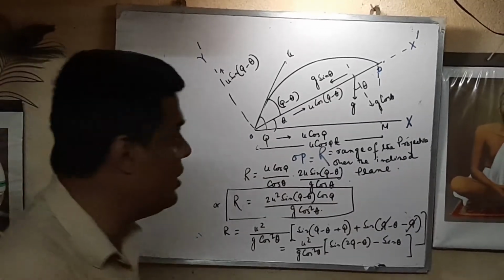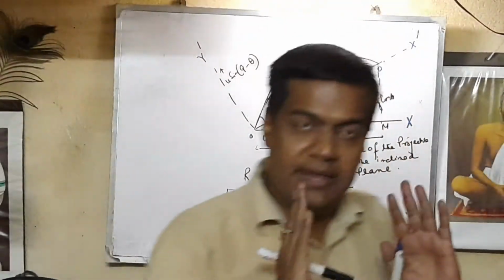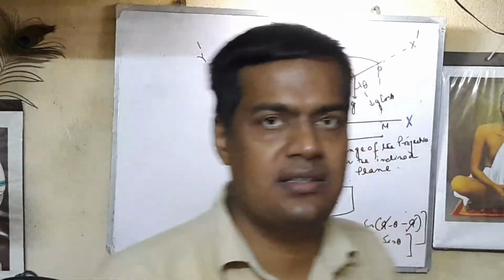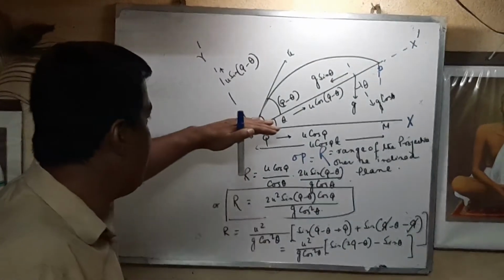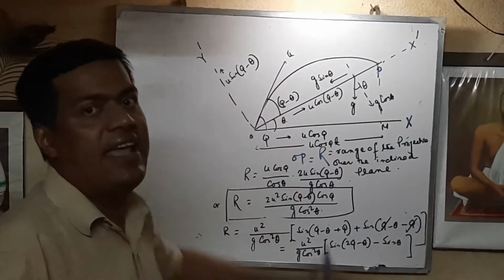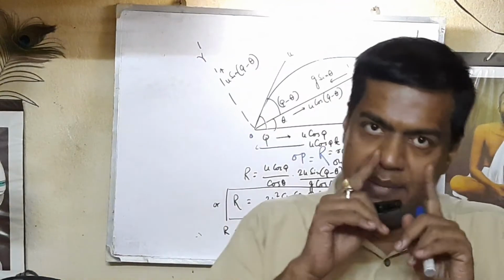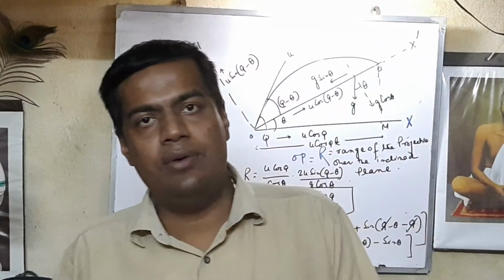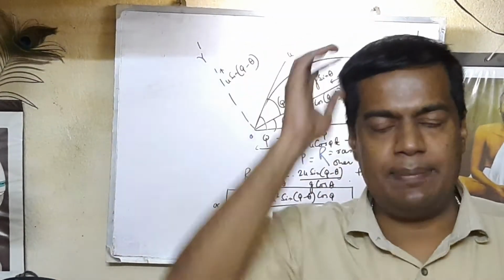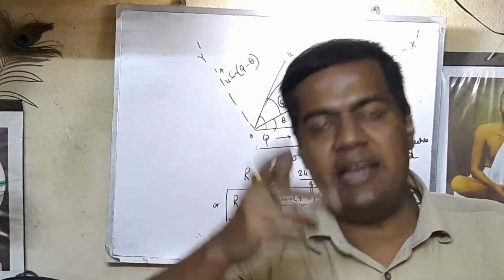Now I have to find the condition. For a particular inclined plane, theta is constant. So what can you change? You can change the angle phi. I am restricting the condition that you throw the projectile with some particular initial velocity, that is u is constant.